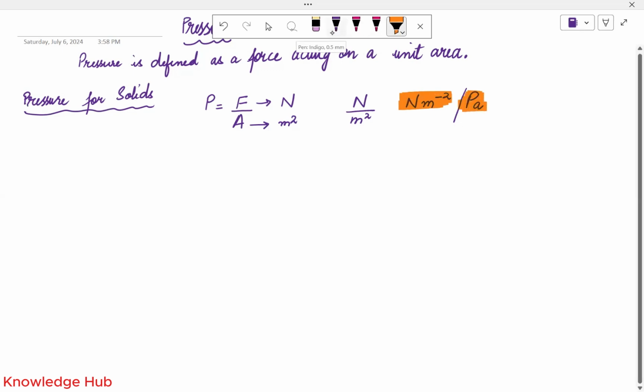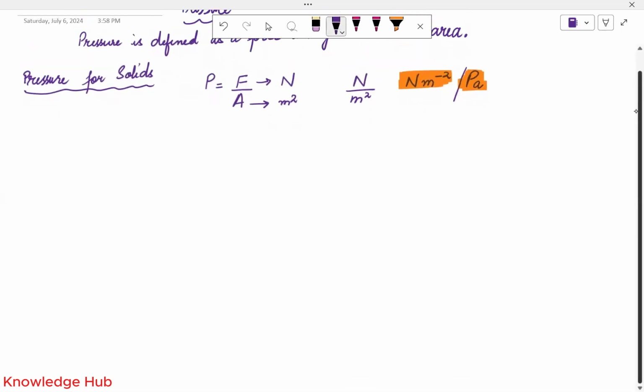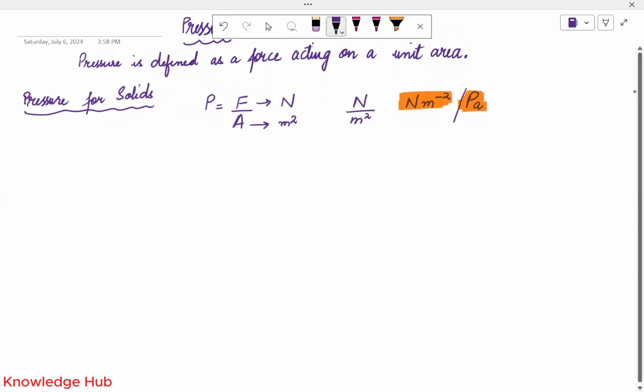Now I just want to describe some important things according to this formula, that is pressure is force per unit area. So lower the area, greater will be the pressure.